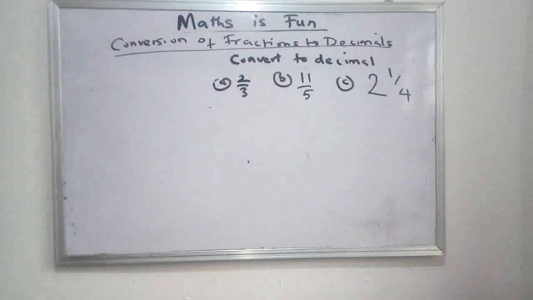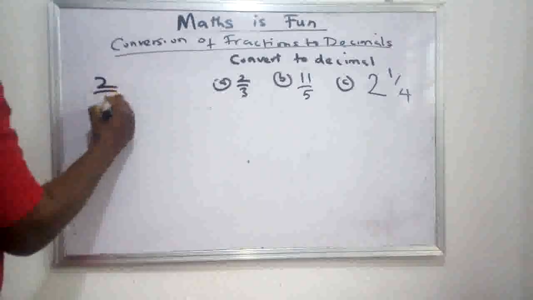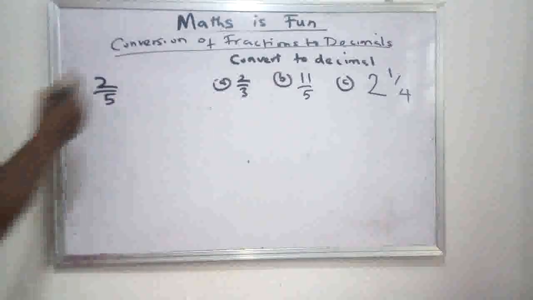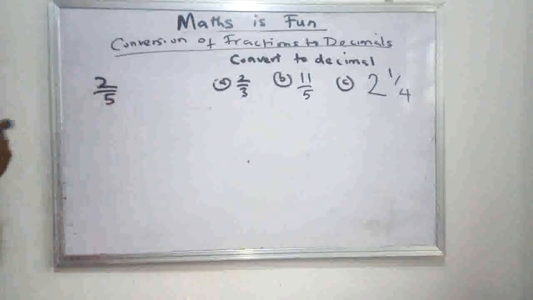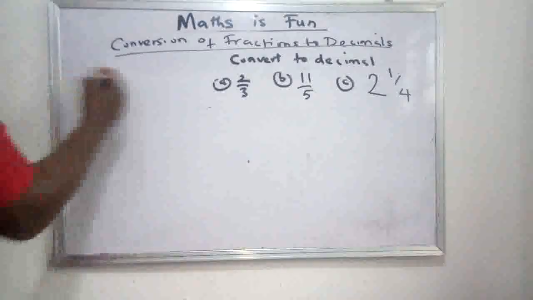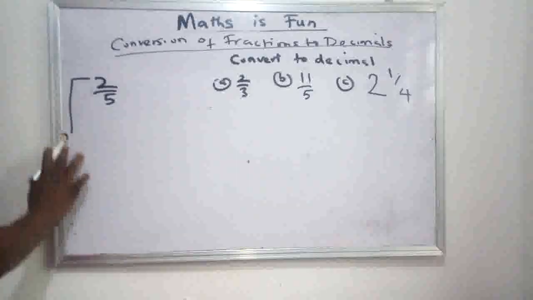Alright, so let's go straight to the business of today. Fractions. What are fractions? A fraction is any number that comes in this form, for instance, like this 2/5, where it has a numerator and a denominator and a sign of division. So this number up here is called the numerator.